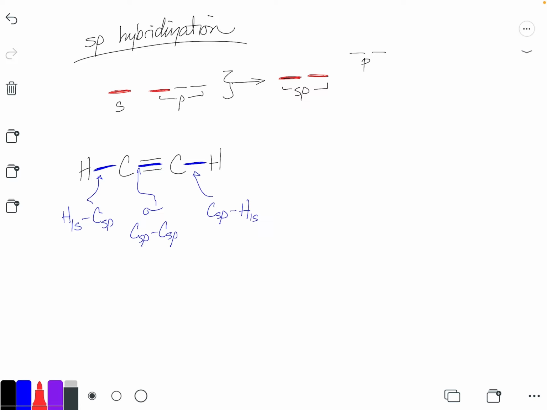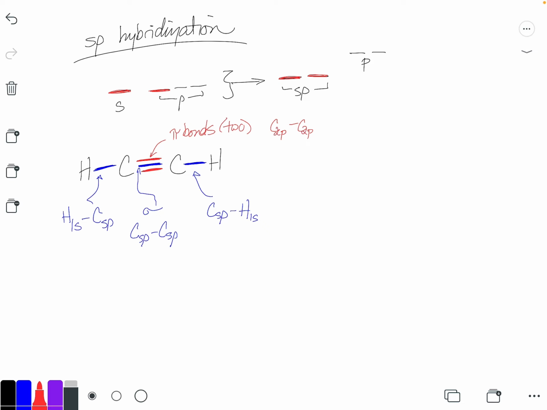And in this case, I have 2 pi bonds, right? I've got the second and the third bond here. Those are both pi bonds, and I've got 2 of them in this case. Those are the result of carbon's p orbital overlapping with the p orbital. Or I guess to keep my language consistent, I said before it was a 2p.